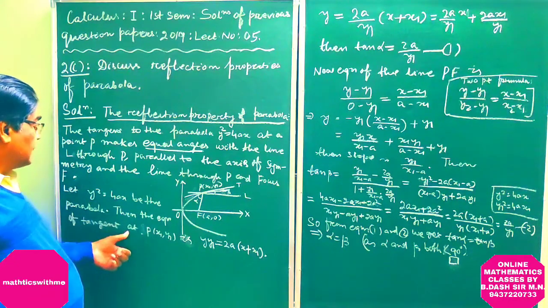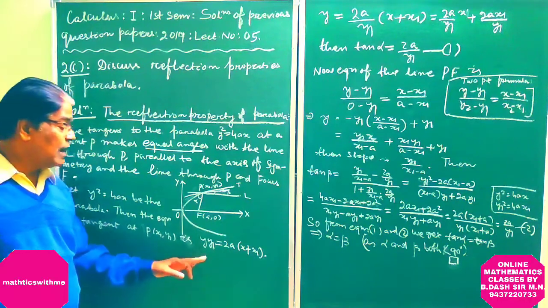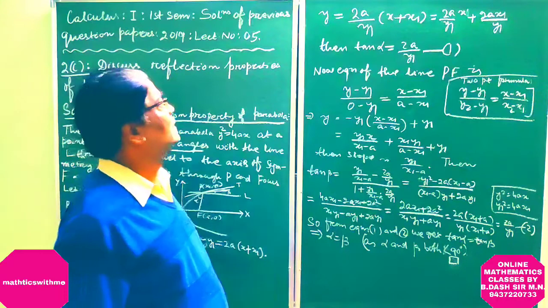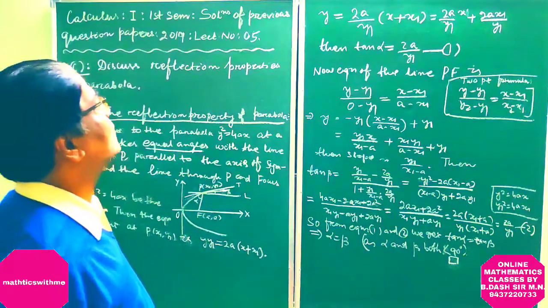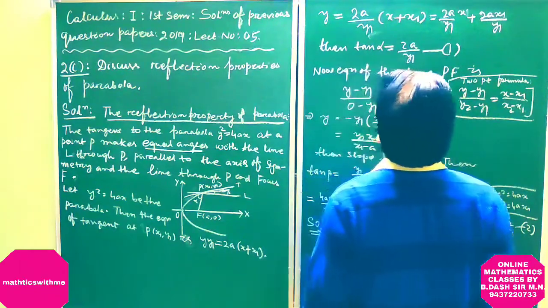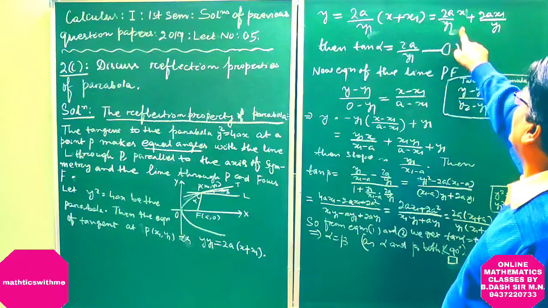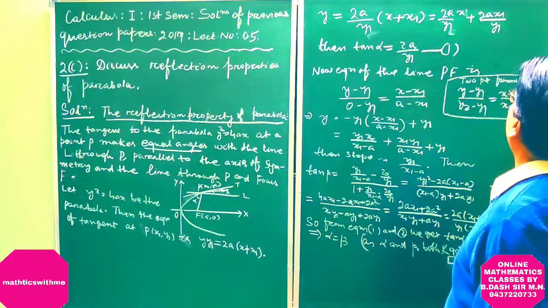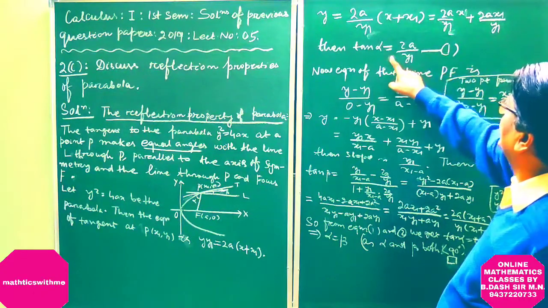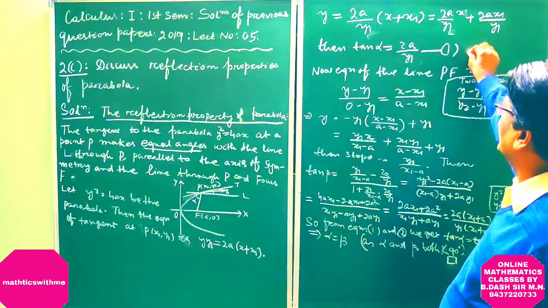Then the equation of a tangent at P of x1, y1 is y into y1 is equal to 2a into x plus x1. Therefore, y is equal to 2a by y1 into x plus x1, which is equal to 2a by y1 x plus 2a x1 by y1. So here it is of the form mx plus c. Therefore, tan alpha is equal to 2a by y1.